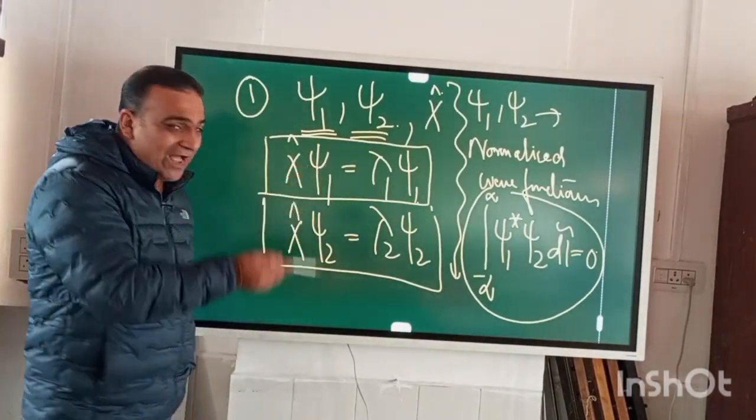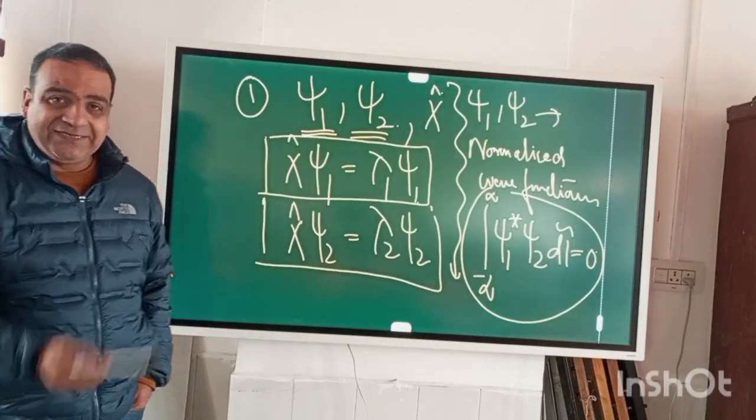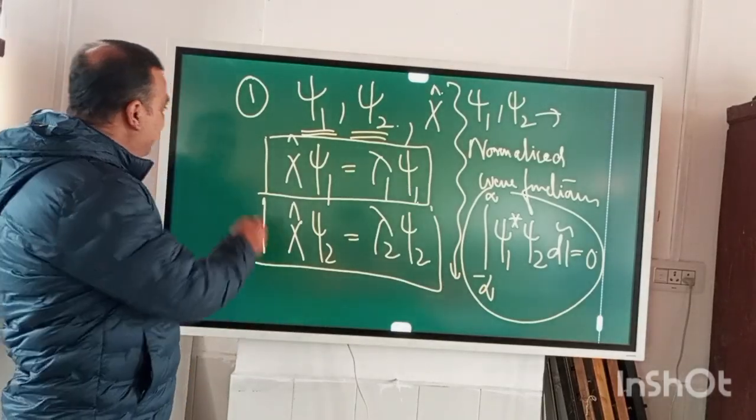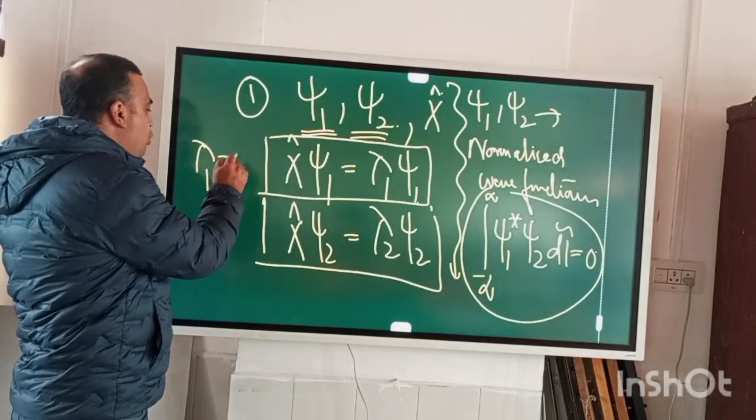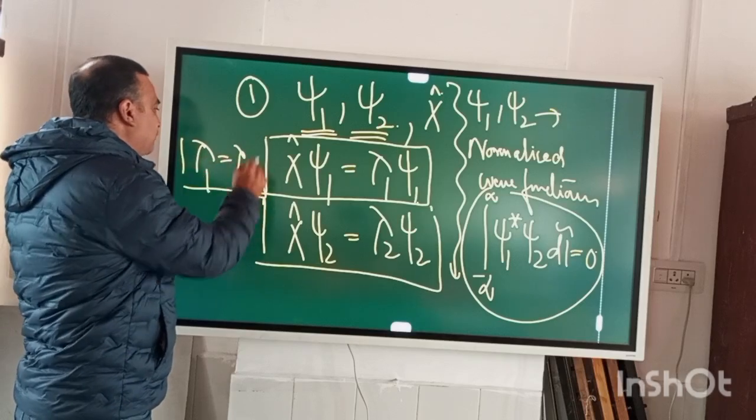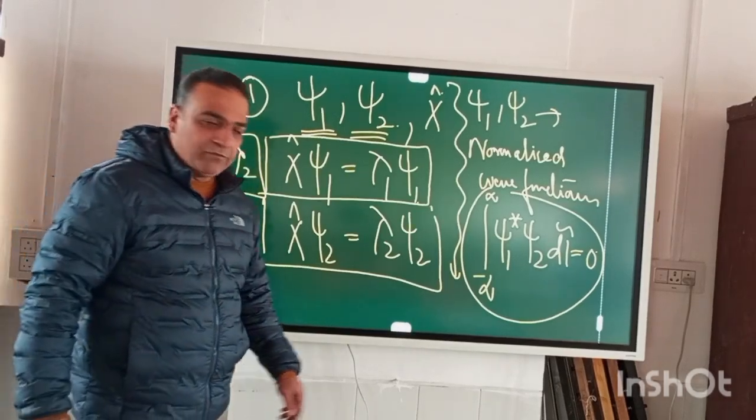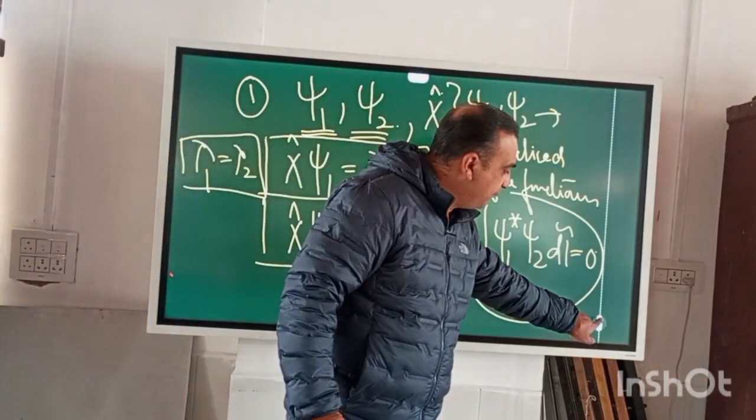Writing lambda 1 and lambda 2 indicates that lambda 1 is not equal to lambda 2. So we proceed to the proof of this orthogonality condition.